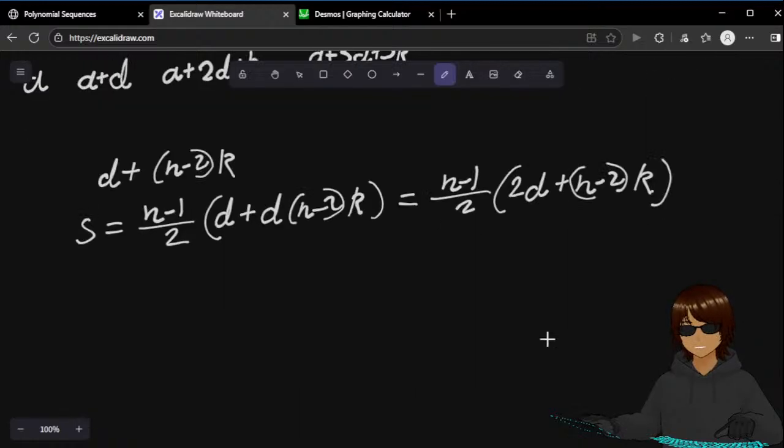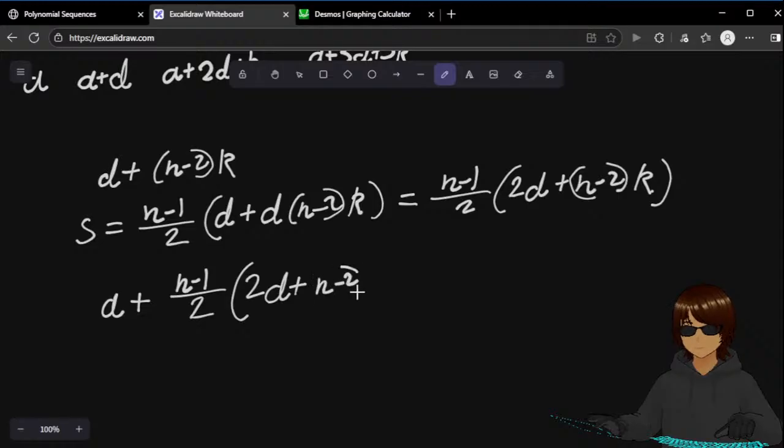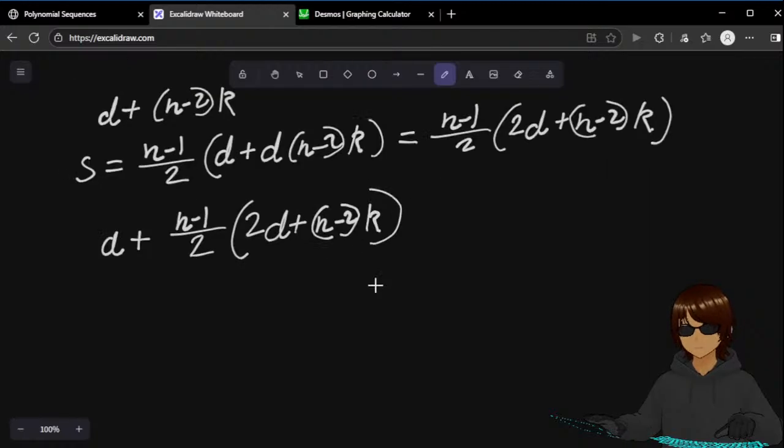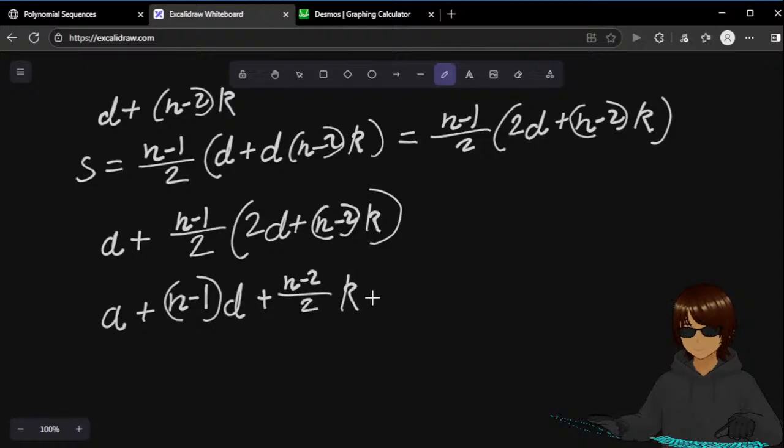Okay, this works. So for a particular term, the sum is like that: n minus 1 d. This is how we find a particular term.